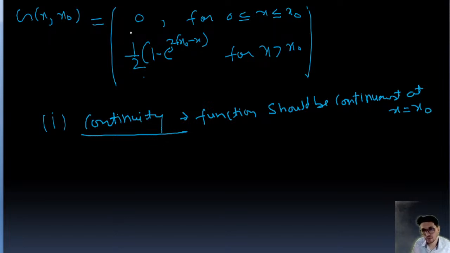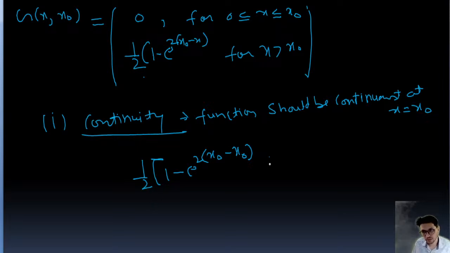If you put x equal to x naught, this value is already 0, so this is continuous. For this one, 1 by 2 into 1 minus e to the power 2 x naught minus x, we put x equal to x naught. That should be 0, guys. So let's see what value it is giving. If it is 0, then it is continuous.